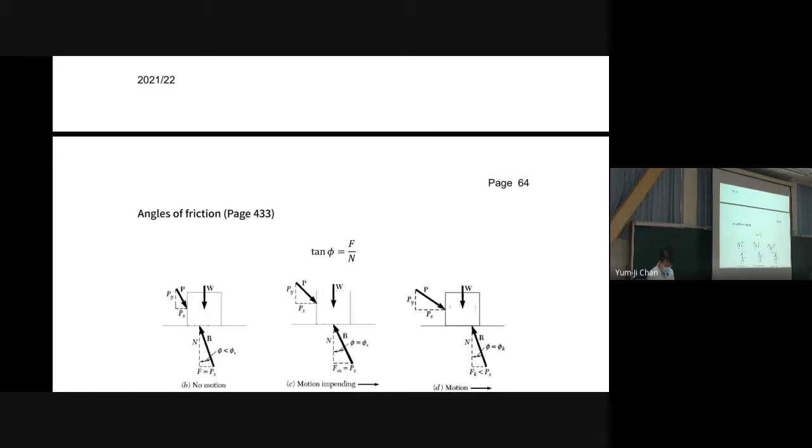In our graph here, on page 61, you don't need to draw this.